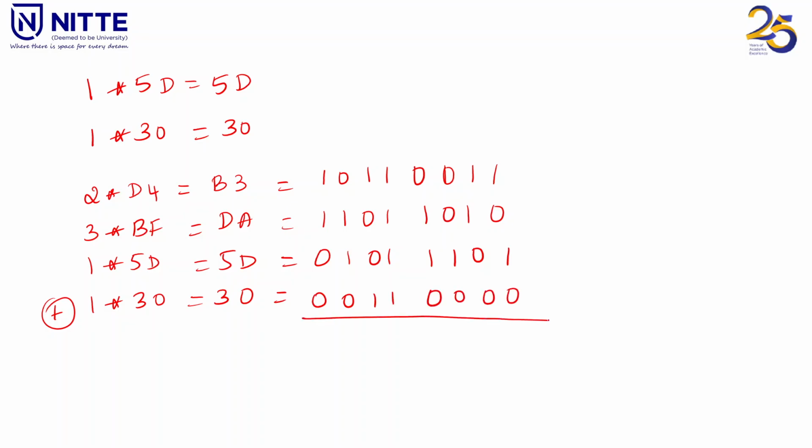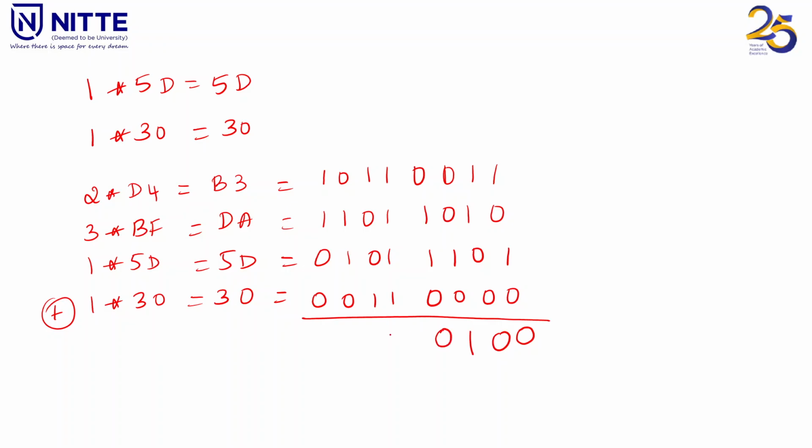Now performing the XOR operation, if an even number of ones are there, then the output will be 0. If an odd number of ones are there, then the output will be 1. So in the first case, 2 ones are there, so even, the output is 0. In the next case, 1 and 1 is there, 0. In the third case, only 1, that is an odd number of ones, so the output is 1.